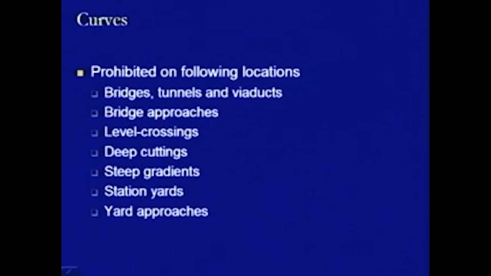So, in station yards all the sections should be visible, because there may be shunting operations, and switching over from one track to another. Even in the case of yard approaches, where trains are moving into the yard or wagons are coming out of the yard as trains have been formed and have to go to the platform for taking up the load, in all such conditions curves should not be provided. Here, sight distance is one of the reasons for restricting the provision of curves.